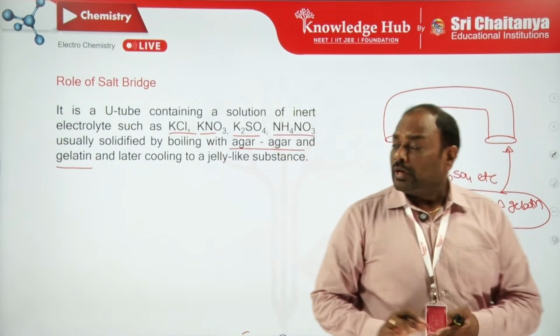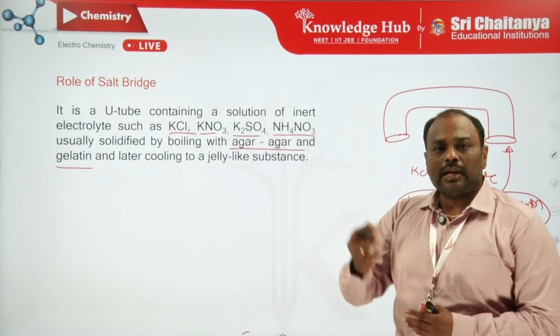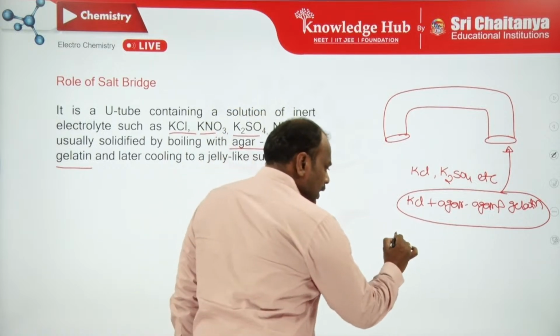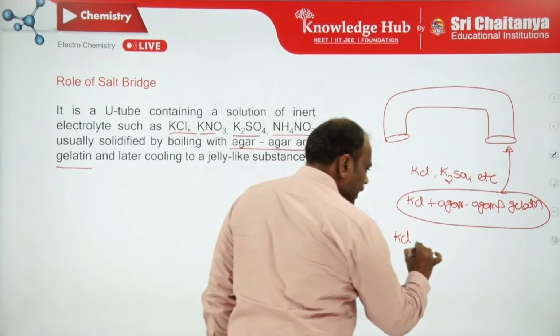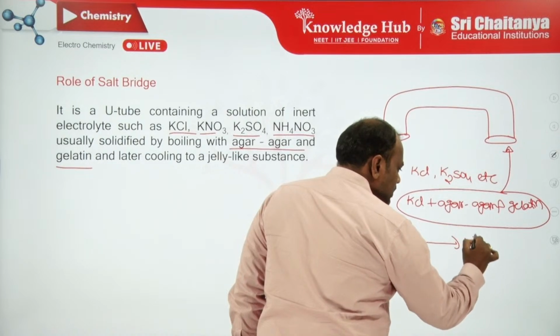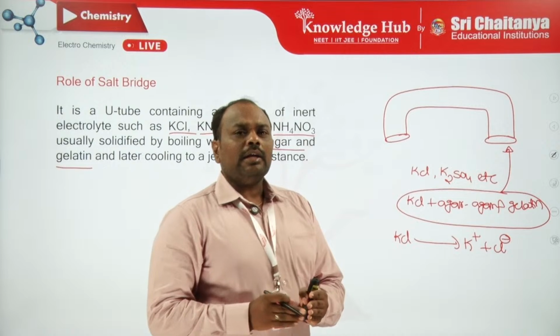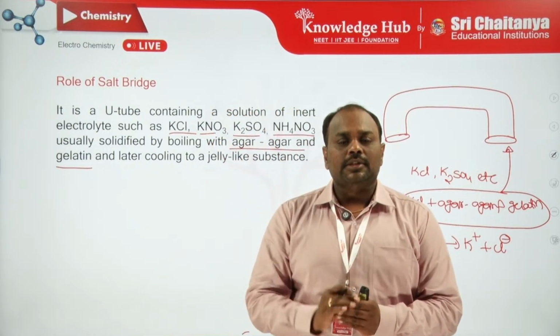Why do we use only these components and not others? Because when you take potassium chloride, it splits into K plus and Cl minus ions. Different ions migrate with different velocities.